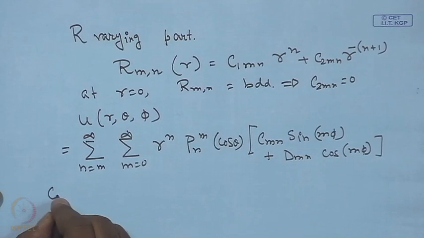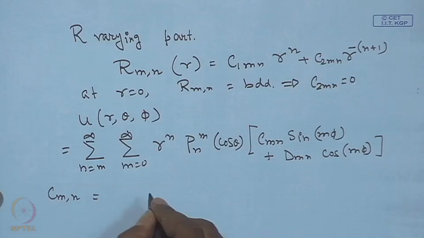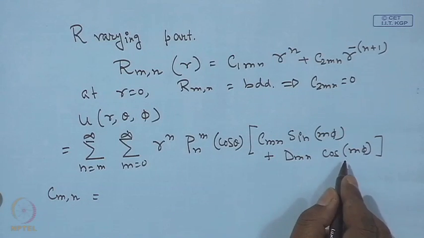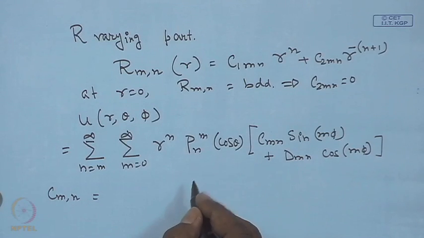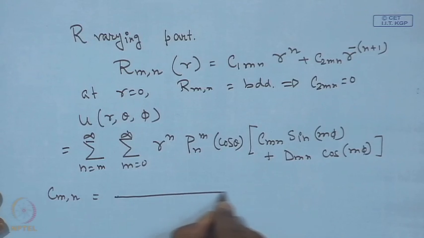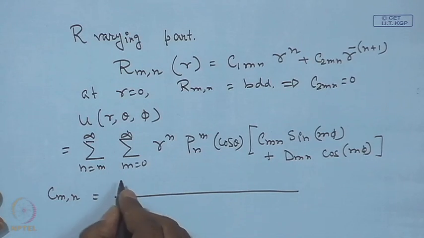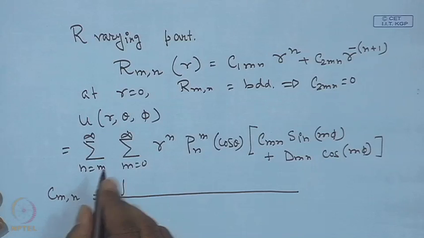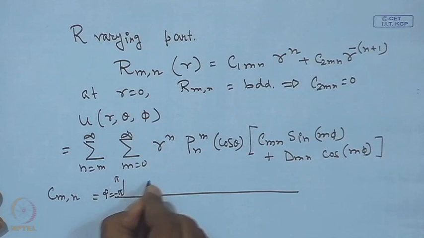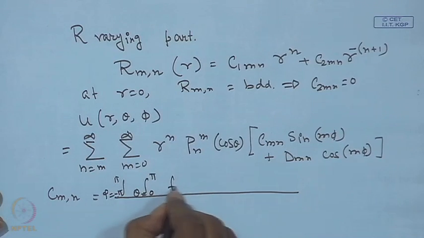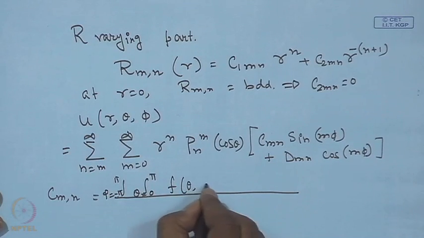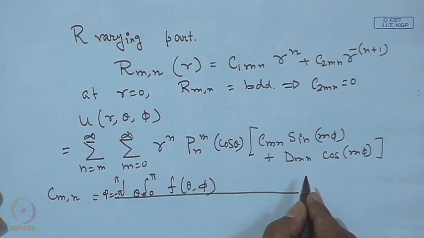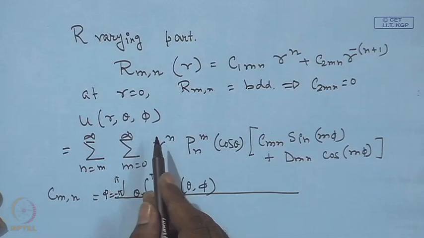Using the orthogonal property of the sine functions, cosine functions and the Legendre polynomial, we will be getting the constant values. C m n will be an integral from phi equal to minus pi to plus pi, and from theta equal to 0 to pi, of f of theta, phi, which is the initial condition, the non-homogeneous boundary condition at r is equal to 1.